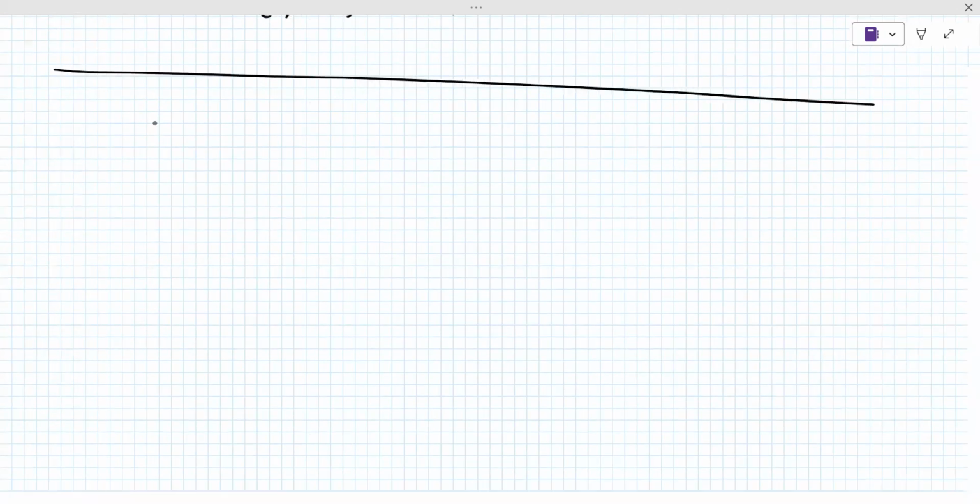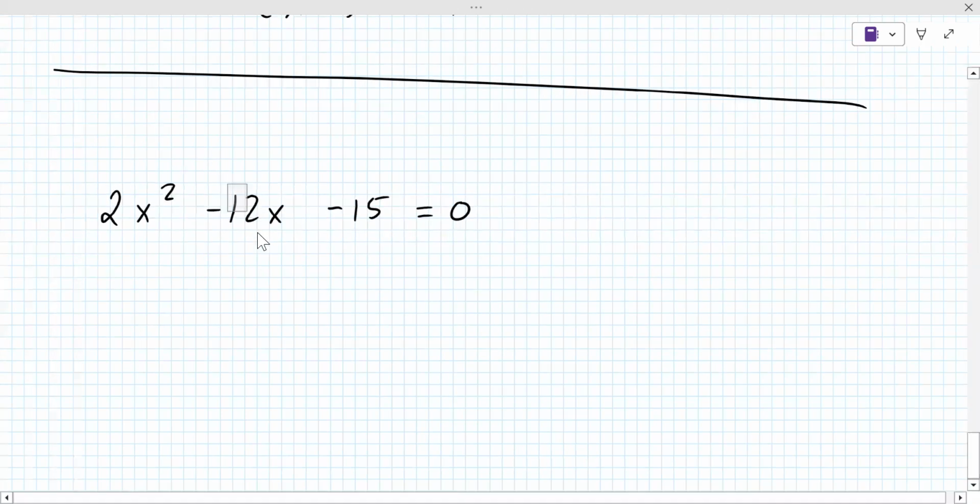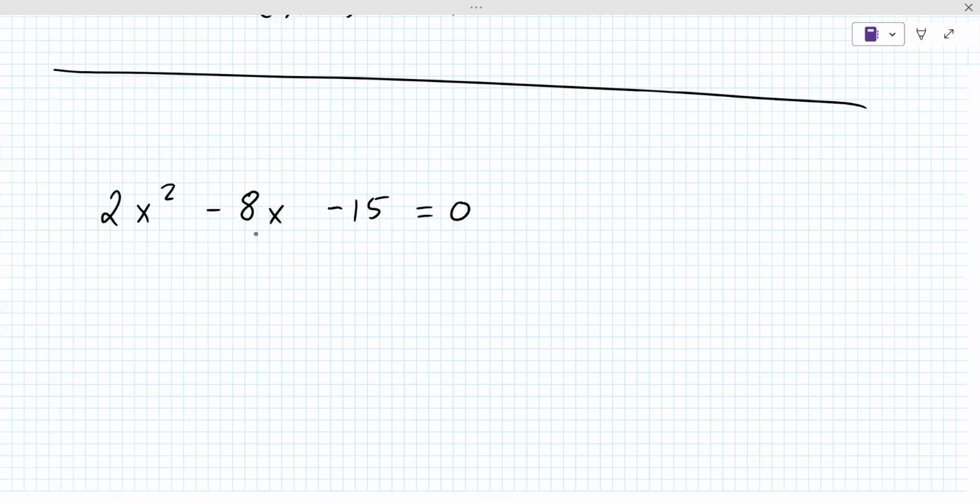Okay, so here's one. Let's say it's like 2x squared minus 12x minus 15 equals 0. What is the first step in solving something? Actually, let me use a different number here. Sorry, I keep using the same number. Let's use 8x. I gotta change this number now.